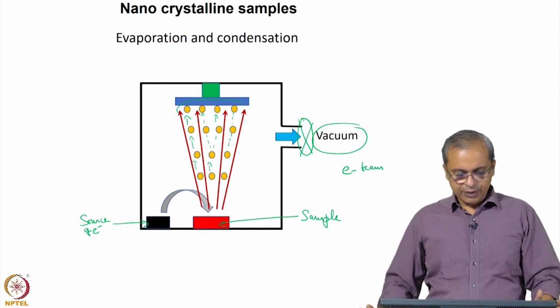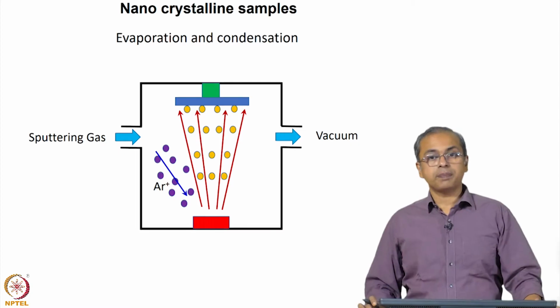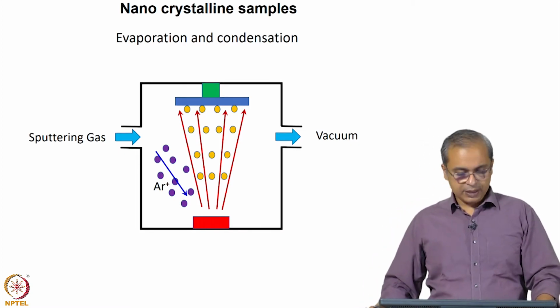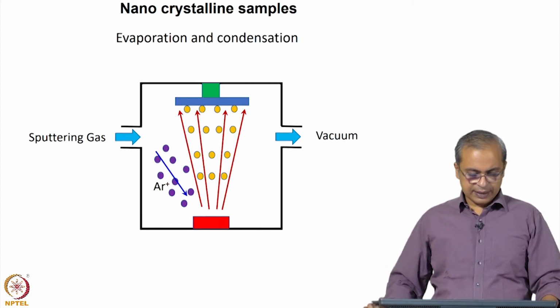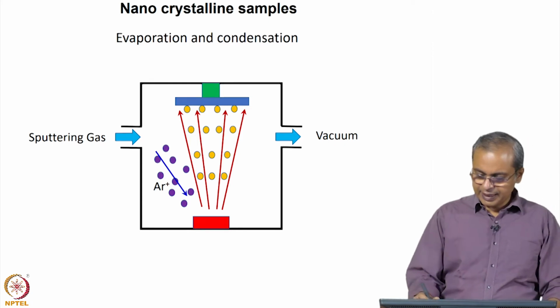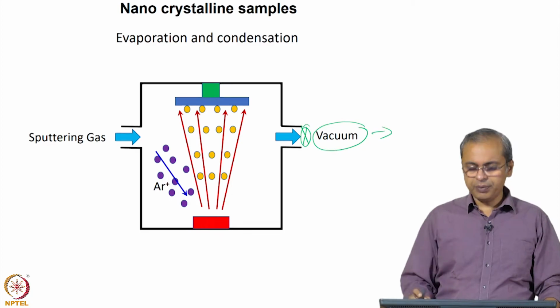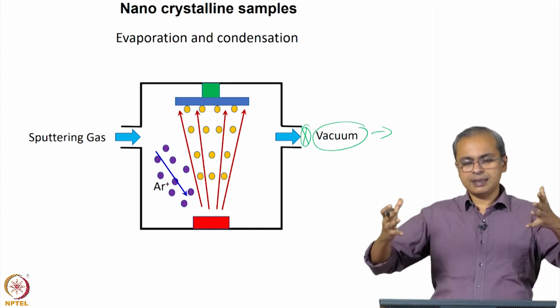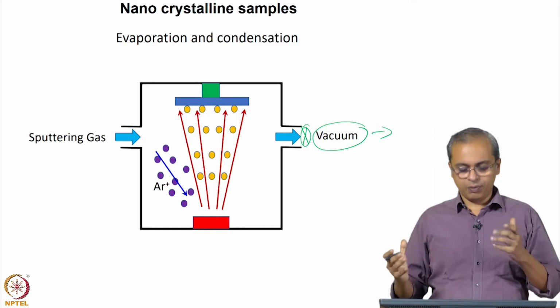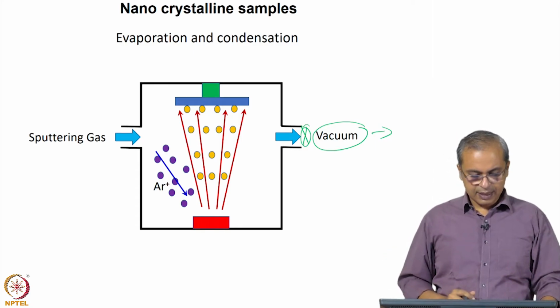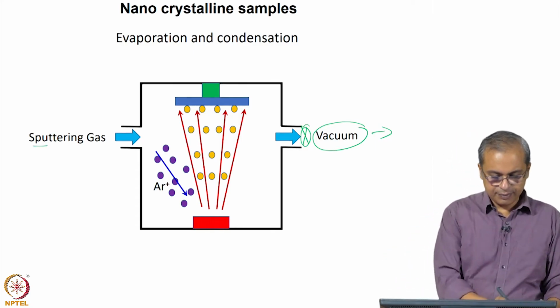One more variation we can use is called sputtering. In sputtering, there is a very similar process again. You have a valve here and then you have vacuum. So, you draw vacuum, and once the vacuum system has developed low enough vacuum conditions, you send in a sputtering gas.